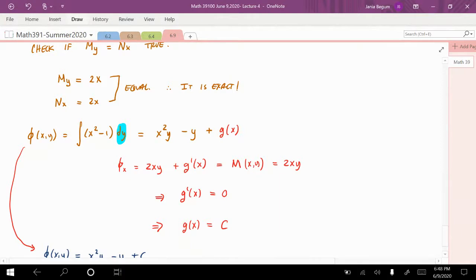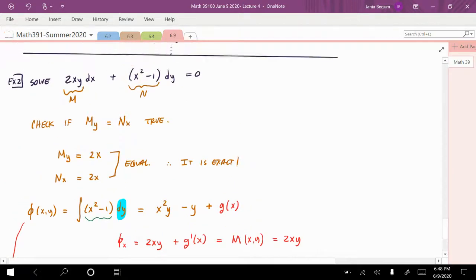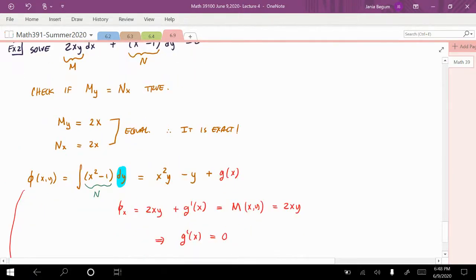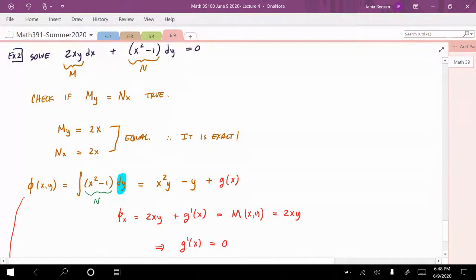I picked n when I'm integrating, right? So I picked n. You could have picked m and just go along the way with dx and then tag in g of y, and then you would differentiate with respect to y, and then you would integrate with respect to y. So you just have to remember those steps. You should still get the same answer if you picked m instead of n, okay?